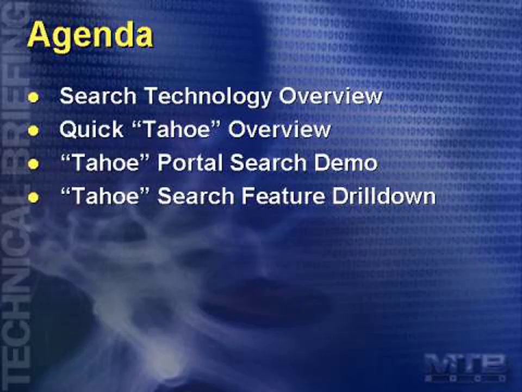After that, I'd like to spend the rest of the time on Tahoe Search. In that segment, I'll start by giving you a quick overview of what Tahoe is, and walk you through the Tahoe portal, which is our primary gateway into the search features right out of the box. And then I'll do a feature drill down.